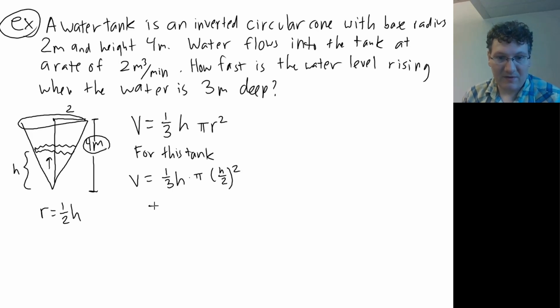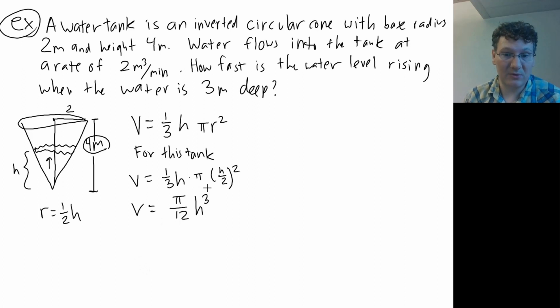So I'm going to simplify that. The 2 squared is a 4, so that's pi over 12 h to the 3rd. That's the important thing to have here. This is the relationship. Now I'm going to take the derivative with respect to time.